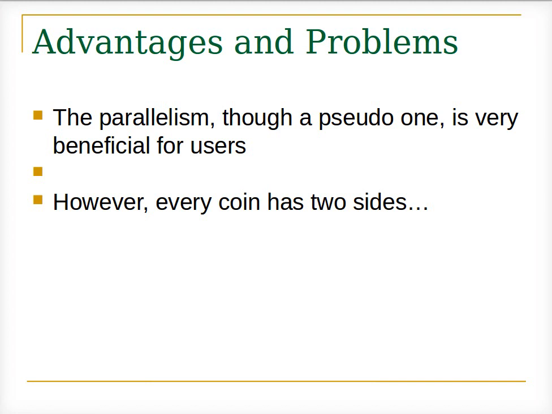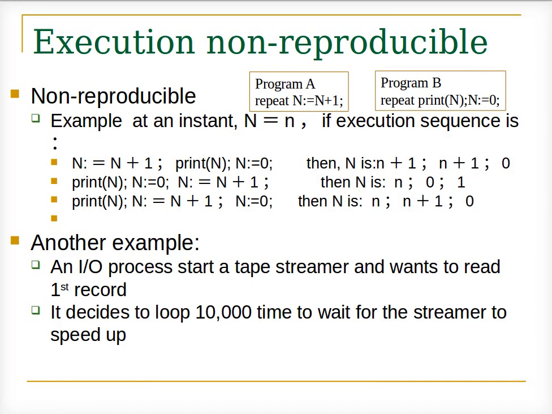So every kind of advantage also has its inherent disadvantages. Here's an example of having two programs. Program A is doing nothing other than repeating and assigning n = n + 1. And program B is repeating code which prints n and then resets it to 0.